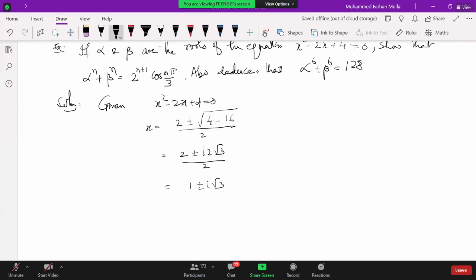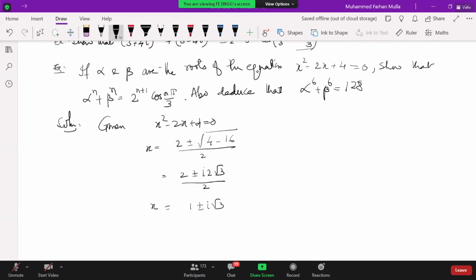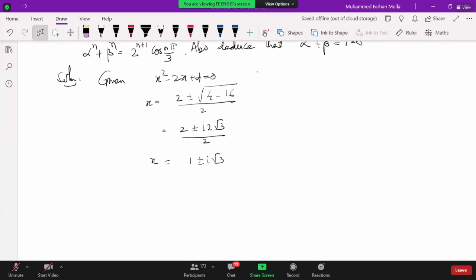So I don't think there is a need to continue further. This is your x. It says that if alpha and beta are the roots of the equation, let me call the two roots alpha equal to 1 plus i root 3 and beta equal to 1 minus i root 3.